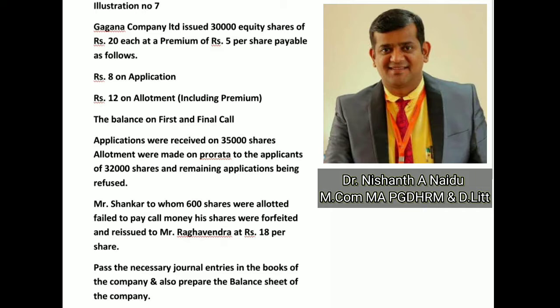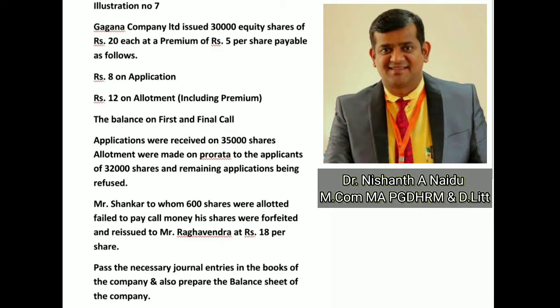Rupees 8 on application, rupees 12 on allotment, including premium. So this 12 rupees includes premium. Premium how much? 5 rupees. So 12 minus 5, 7 rupees is for allotment.